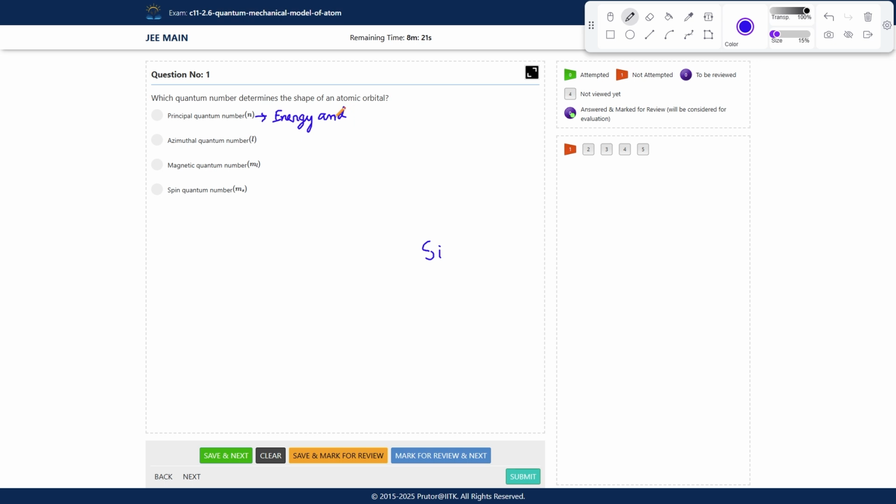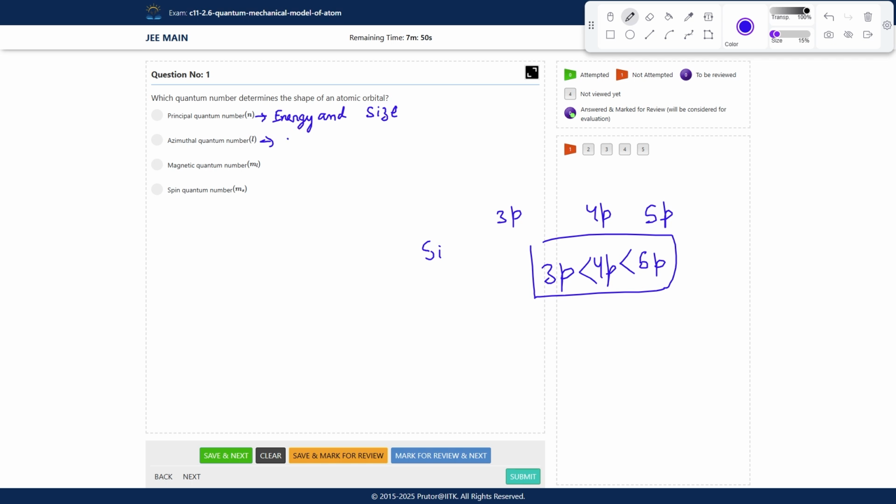I'm talking about the dimension. So dimension and energy. This will also tell about the size. If you compare the size of 3p, 4p, 5p, then 5p will be greater in size than 4p and 3p. I'm talking about the specific subshells. So it is very important. This obviously tells us about the shape.